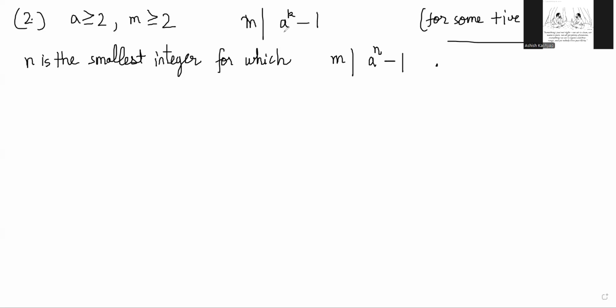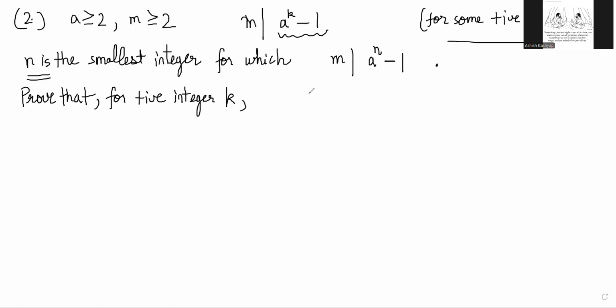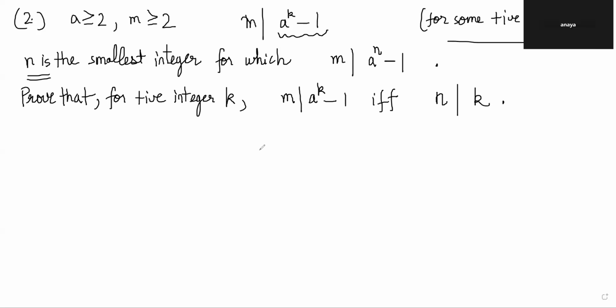We know that m divides a power k minus 1, and n is the smallest expression of this form where m also divides that, right? We have to prove that for a positive integer k, m divides a power k minus 1 if and only if n divides k.